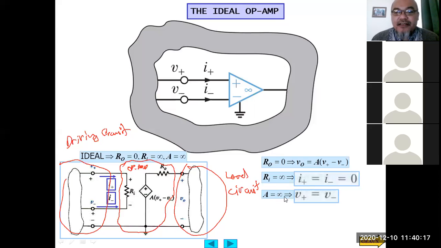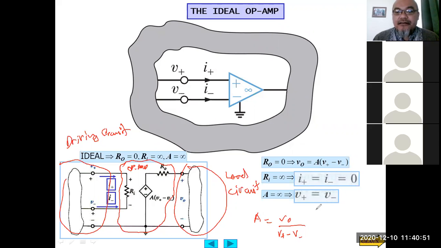A is infinity in an ideal op-amp, only in ideal op-amp. In a non-ideal, real op-amp, it is just very big, its gain, a dimensionless parameter, is in the mega range or 100,000 times, something like this. So if A is infinity, from this equation, A equals V output divided by V plus minus V minus.